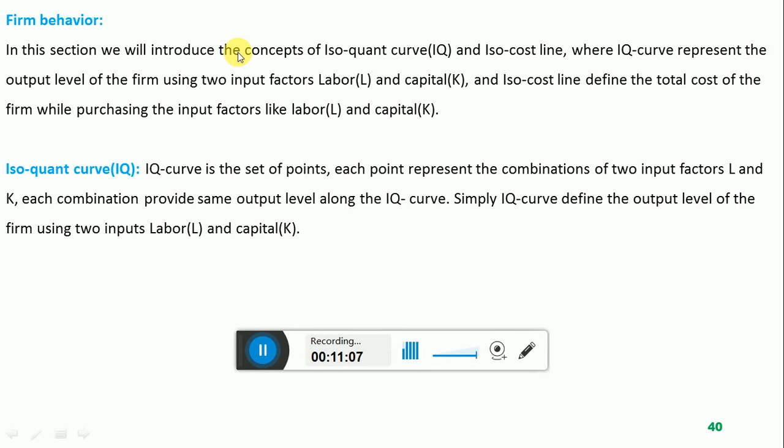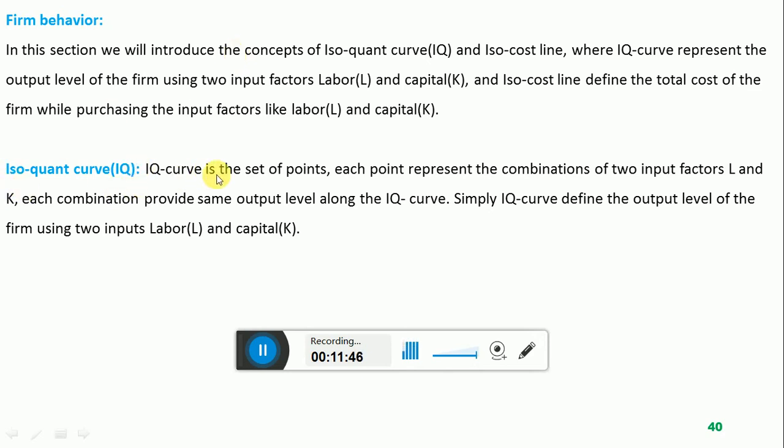The isoquant curve represents the output level of the company when the company uses two input factors like labor and capital, and the isocost line defines the budget, the cost of the company when the company is purchasing input factors like labor, capital, raw material, energy, etc. So in firm behavior our focus is on the isoquant curve and the isocost line.